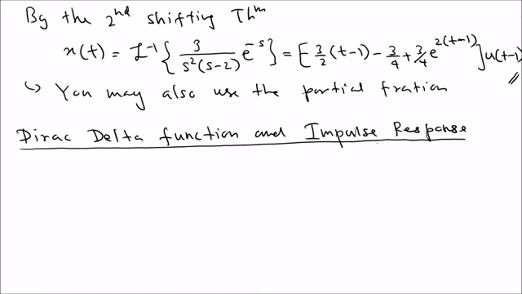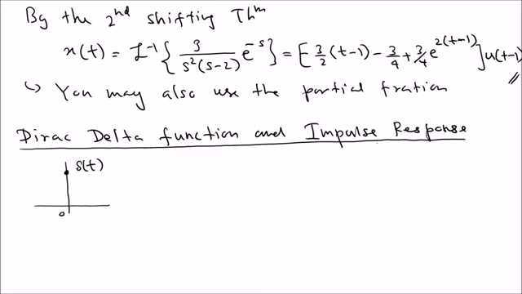Let's talk about what the Dirac delta function is. It's the impulse, like a sudden force acting at a single point. That's the idea. We can write this one as delta t, acting at the 0 point.